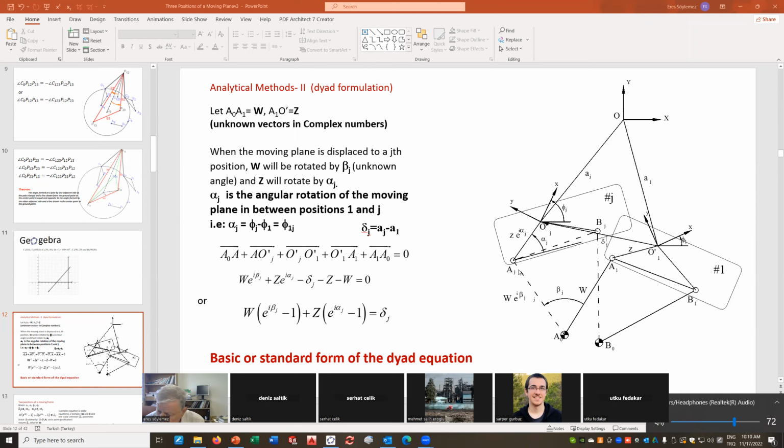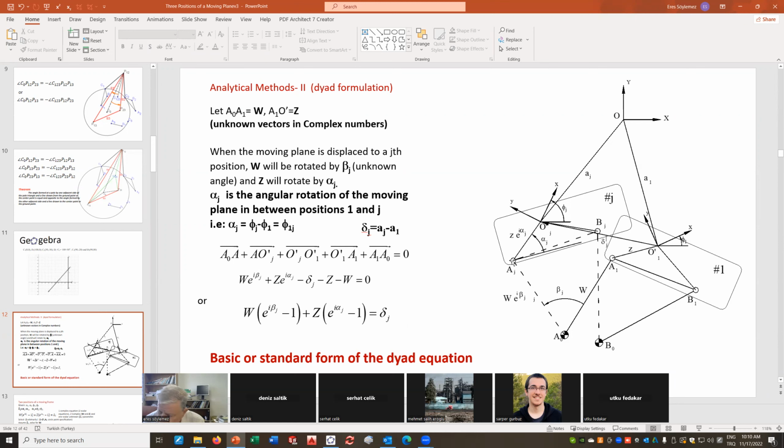Now that vector is W e to the i beta j plus Z e to the i alpha j, minus delta j, minus Z, minus W must add up to 0. Let me repeat.